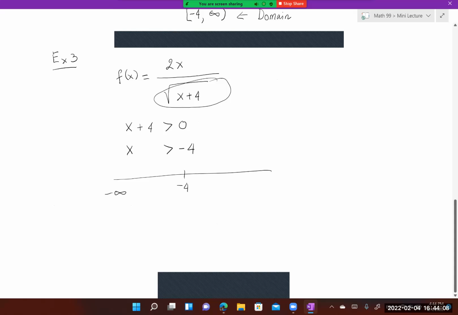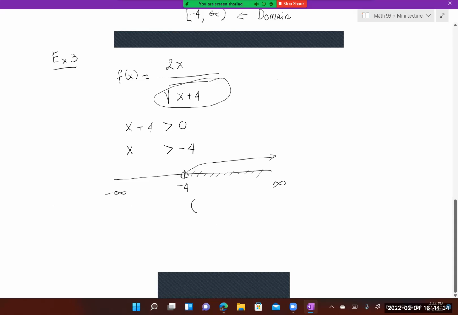So let's draw the number line again. Here's -4, here's positive infinity. We want everything to be on the right of -4, but not -4. So we have the empty dot there. And we want everything else on the right of -4. Now, how do we present this information using interval notation?